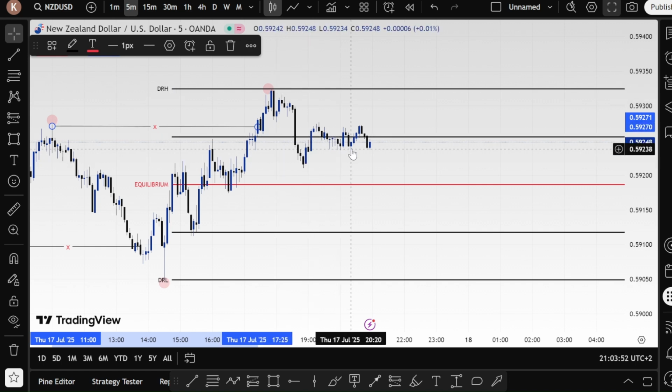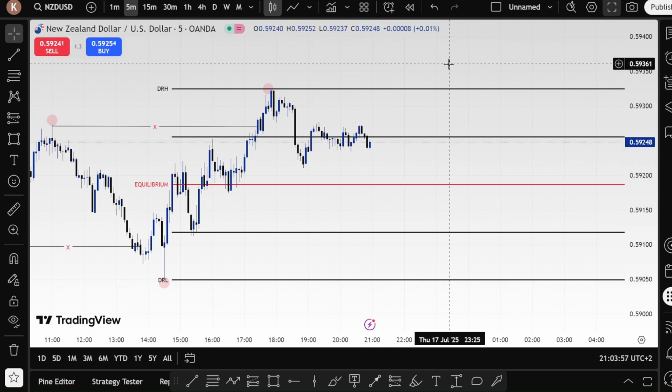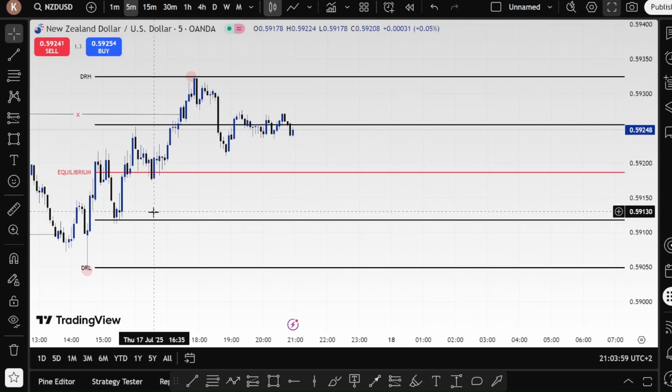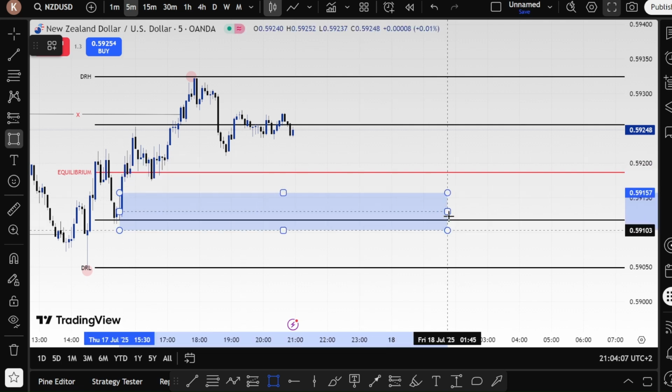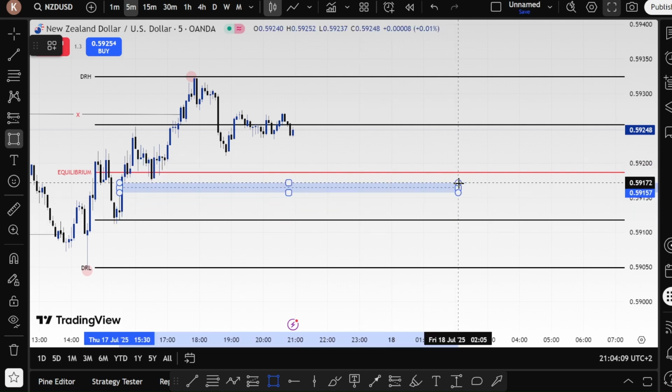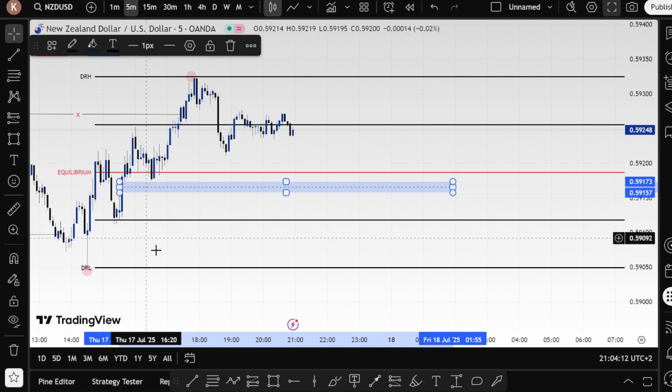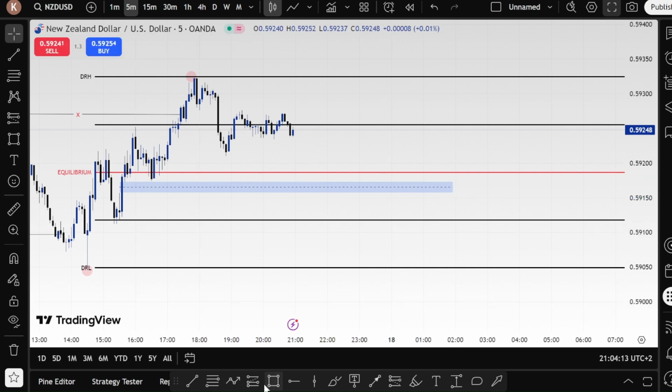Now it's ranging at this point, but we're gonna show you how I find my entry model. I see a lot of things, so I'm gonna use them to trade. And I find this here which has not been touched, my imbalance.